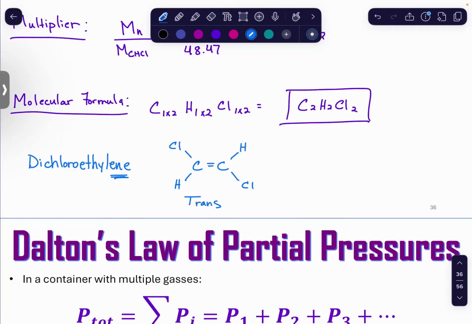This is the trans version, and the trans is we're looking at our exterior ligands, which are our chlorines and hydrogens. And what you notice is that the chlorines are on opposite sides of the molecule, so trans means across or opposite. And so that's why this is the trans dichloroethylene.